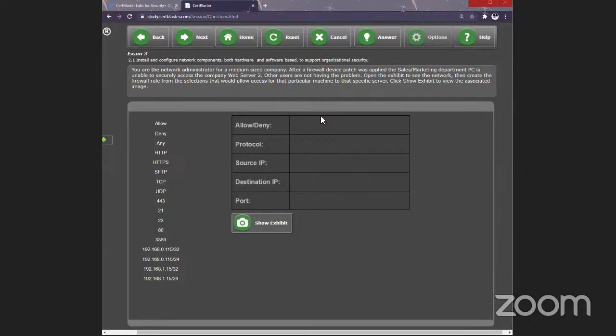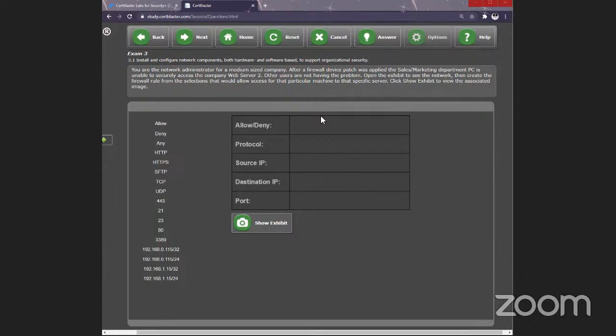After a firewall device patch was applied to the sales marketing department PC, it's unable to securely access the company web server 2. Other users are not having the problem. Open the exhibit to see the network, then create the firewall rule from the selections that would allow access for that particular machine to that specific server.